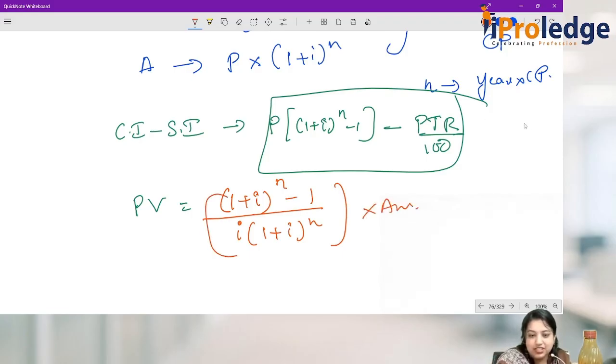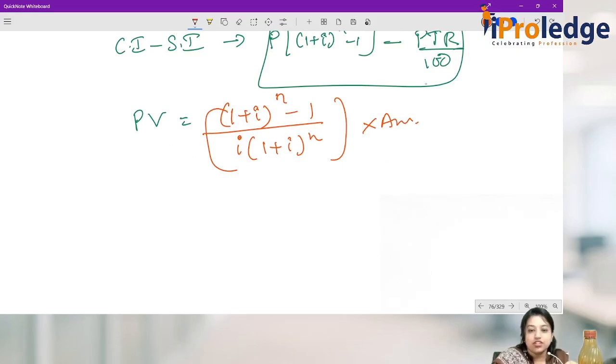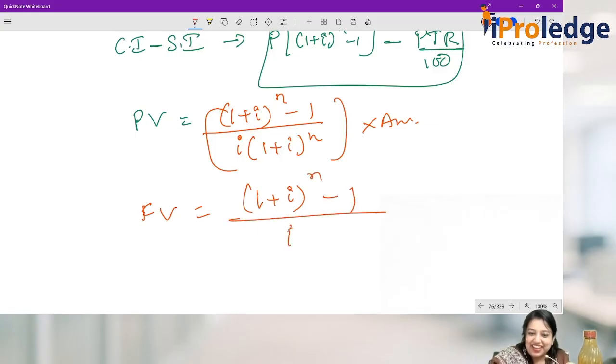Okay, next, future value, denominator I, into annuity.